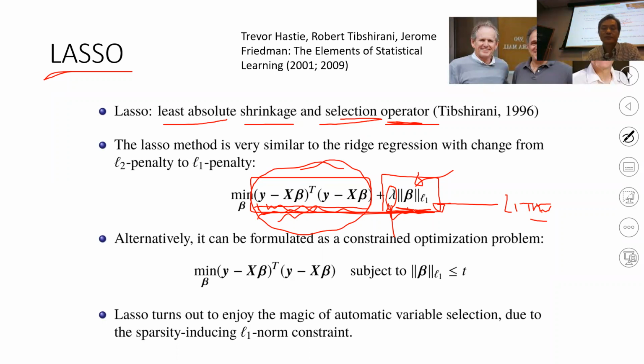So that's the whole idea. Not too hard, right? Just add one term which constrains your parameter values. That's the lasso, okay?